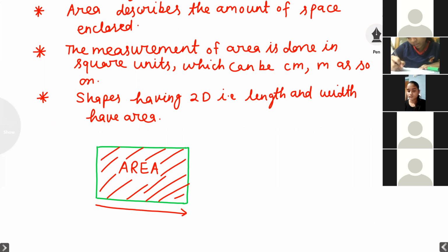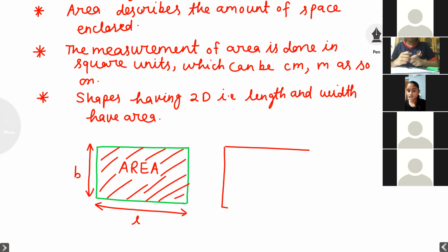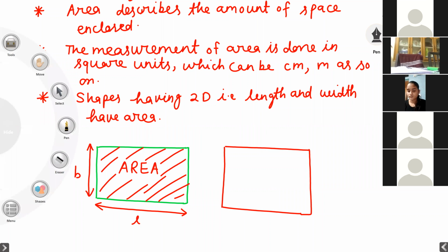Suppose this is length and this is breadth or width. If I'm talking about perimeter, it is the sum of the measure of all the sides.